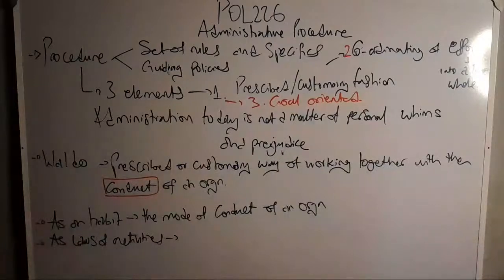Now we have the other stats. Now let's take a step further. So we have types of procedures. What are the types of procedures? We have the institutional procedure. Okay. Here it pertains to staff. All right. Staff or auxiliary function.